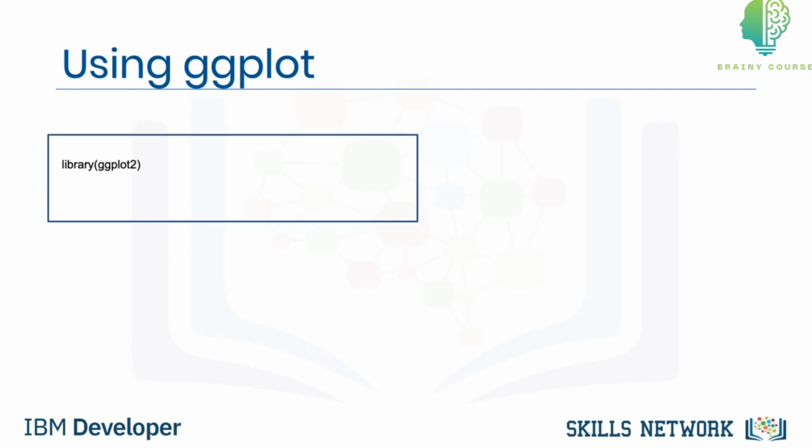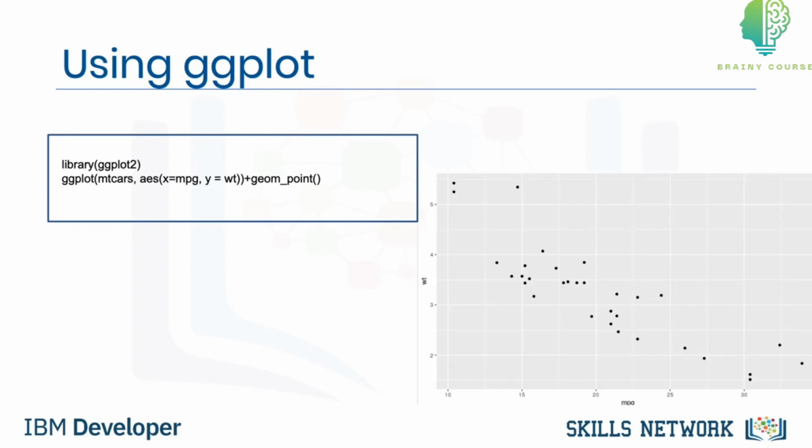We will first read the ggplot library into memory by using the library function, and then call ggplot on the data frame mtcars. Specify the x-axis as miles per gallon and the y-axis as weight, and then add the geom_point function to specify to ggplot that we want a scatter plot. Otherwise, it will return an empty plot. It will produce a more beautiful and easier to read plot like this.